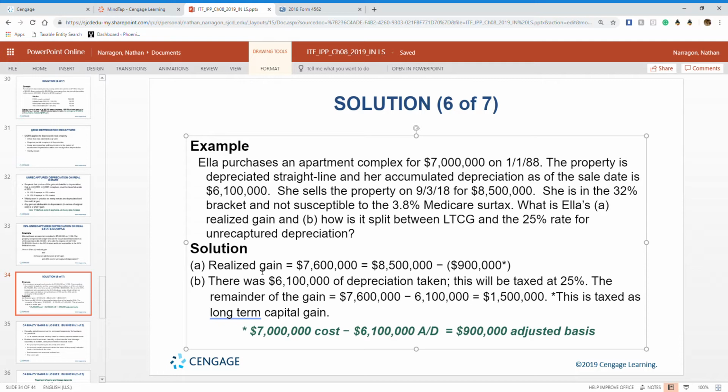That's going to be our long-term capital gain, and that's basically going to be the $7,600,000 realized gain, minus the depreciation. That will give us $1,500,000, and this is going to be taxed as a long-term capital gain. Fun, right? I bet right now if you're still watching this, your mind is blown, or you passed out, paused the video, and moved on.